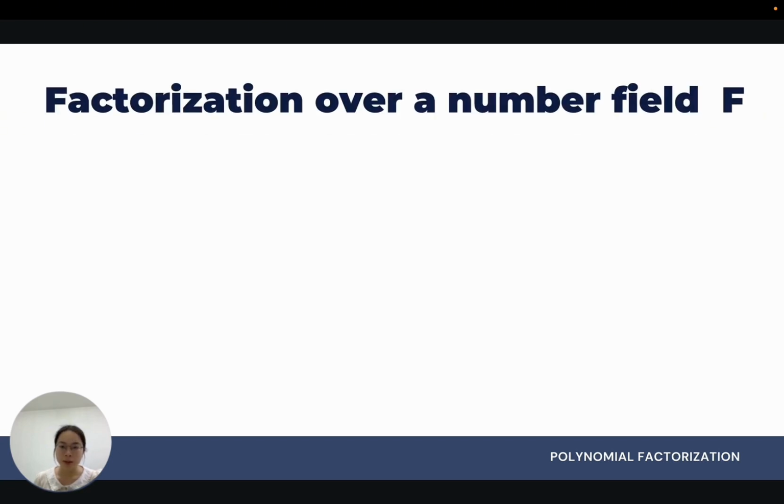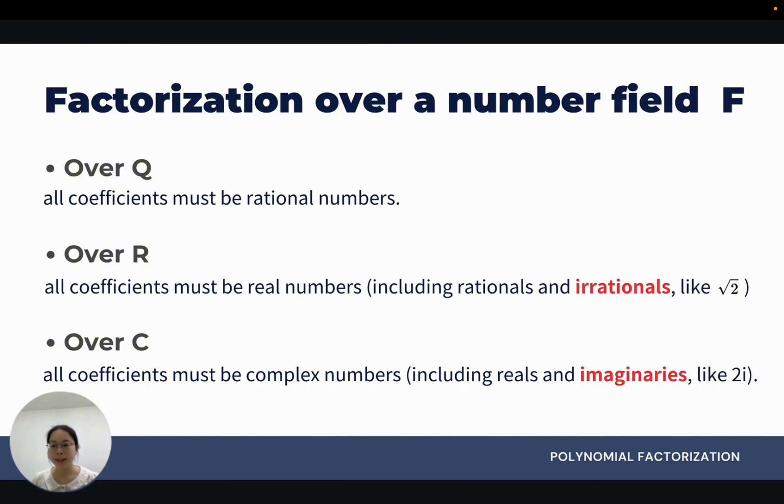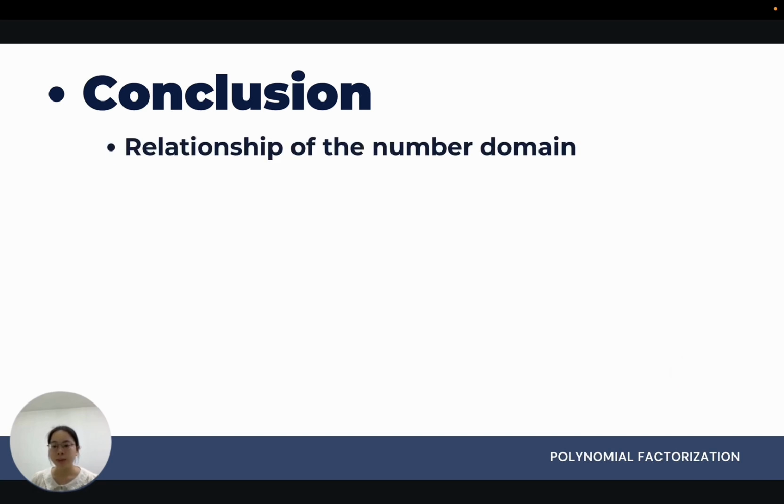Let's go back to the definition we just talked about. As you can see, compared to Q, R allows the use of irrational numbers, and compared to Q or R, C allows the use of imaginary numbers. Then, we already know these three number fields have this kind of relationship.